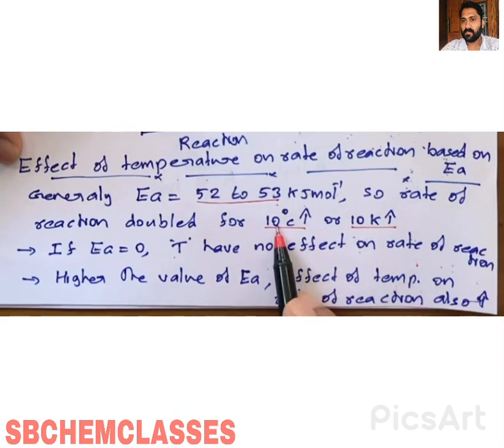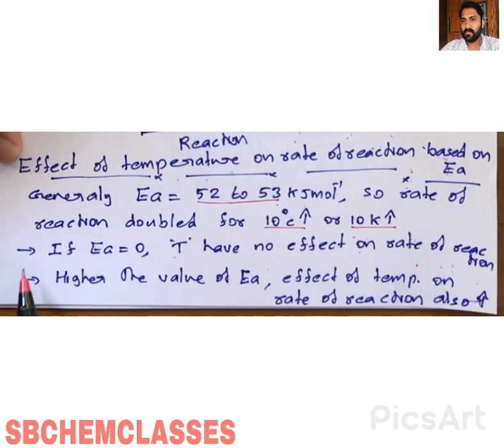Both are the same because it is a change in temperature. This is possible only if Ea is in the range 52 to 53 kilojoule per mole, but in most reactions, these are the values of Ea, so we can have this statement.